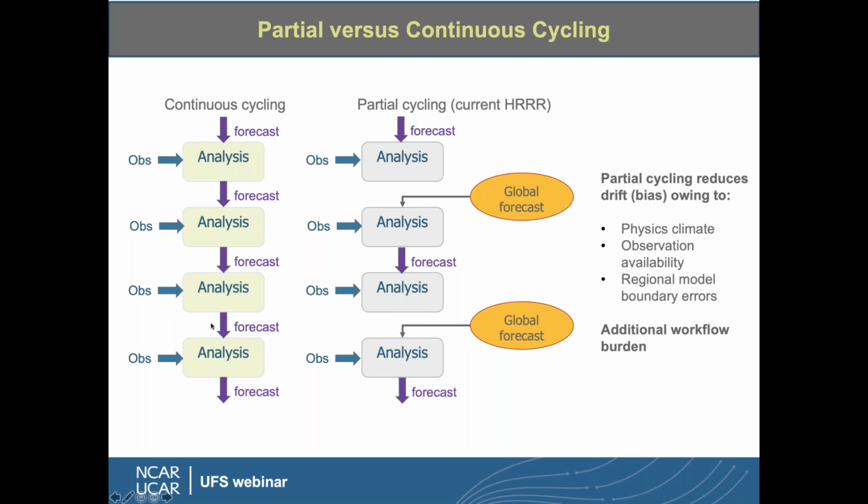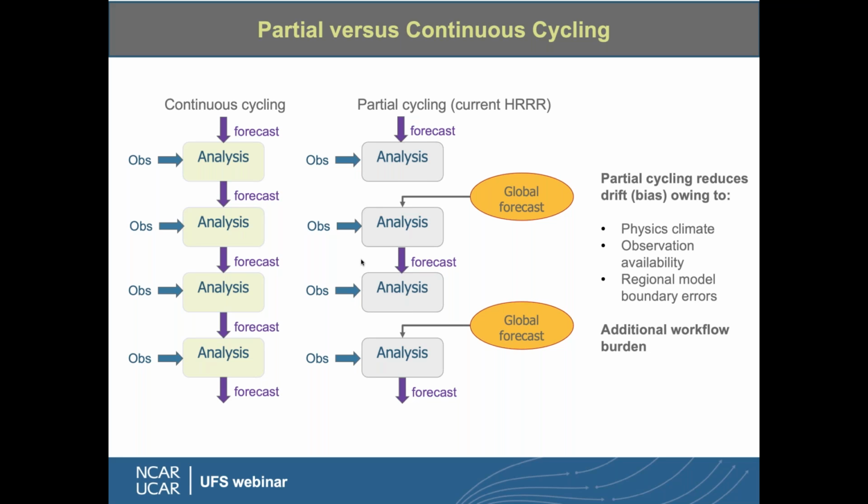But because our regional systems have a known tendency to fade away and not perform as well if we continuously cycle them, we've tended to resort to partial cycling, which has been the mode of operation, for instance, within the higher resolution Rapid Refresh, where they'll occasionally replace the background analysis with global analyses to restore that large scale quality.